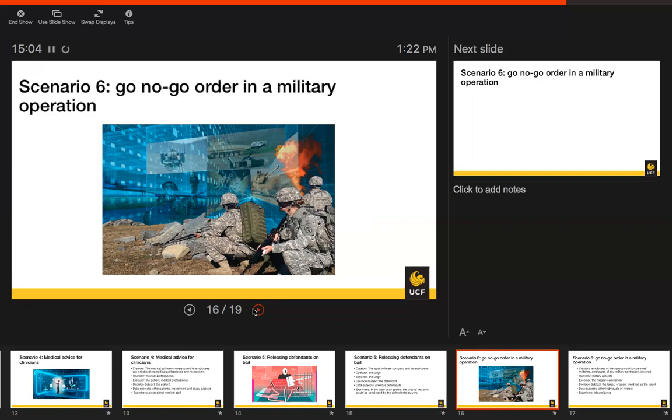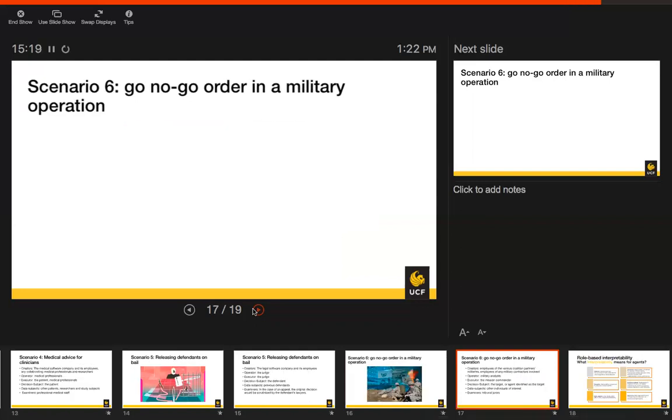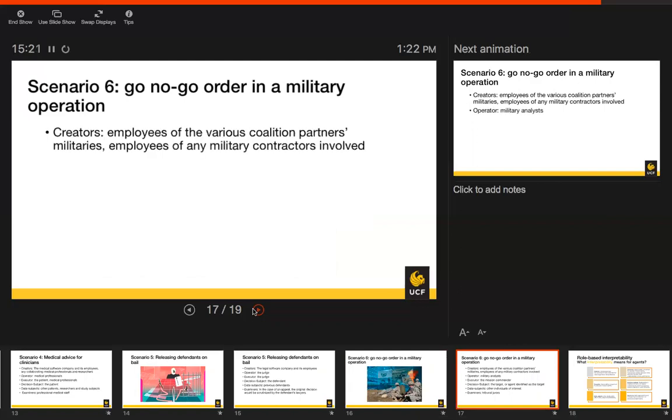This machine learning ecosystem includes the target, frontline personnel, military analysts, a mission commander, tribunal jurors, and a machine learning system. The creators would be the employees of the various coalition partners' militaries and of any military contractors involved in creating this machine learning system.